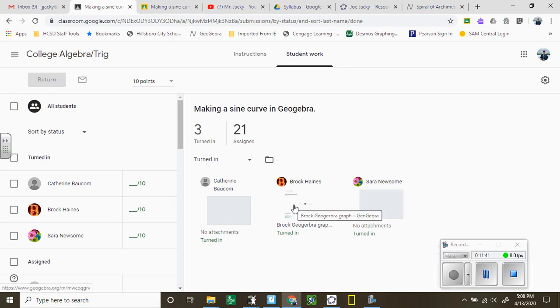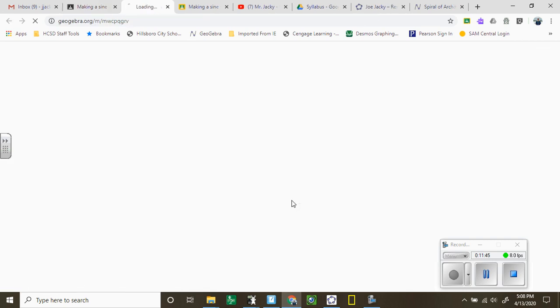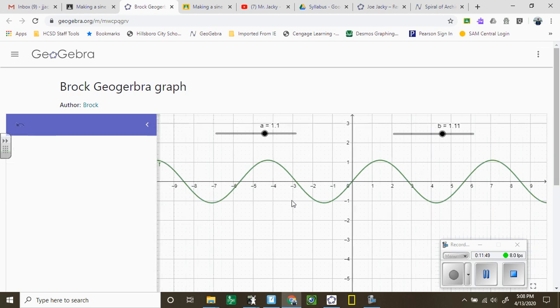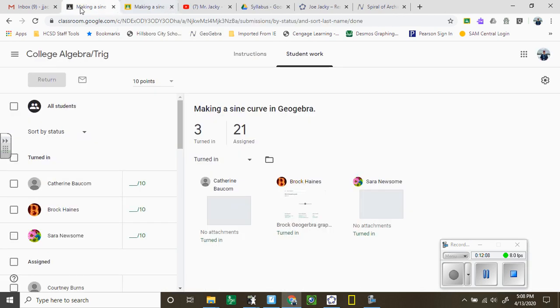So turned in, so Brock, he managed to turn his in this way. So that's kind of what I want you to do, is turn it in that way, to turn the link in and turn it into Google Classroom. So see if you can figure out how to do that, like Brock did here, to turn the link into Google Classroom.